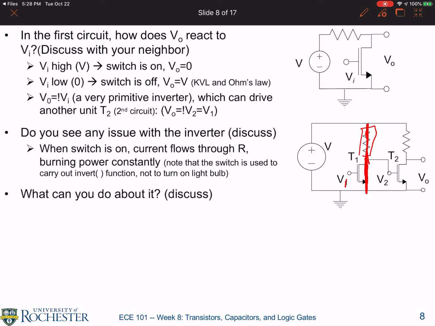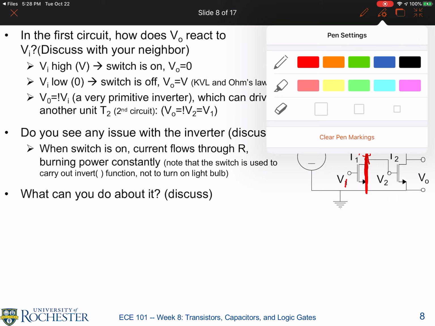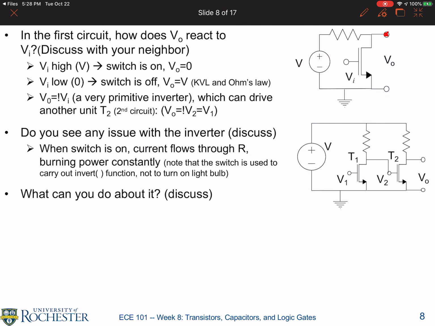But if you think about it in another way, when Vi is high, we're connecting this output node to ground. That's why it gives us a 0 volt. But when Vi is low, we're connecting this sort of to that. That's what we want, to give us the high volt, right?